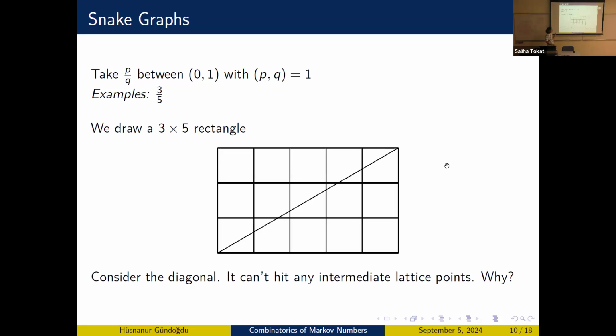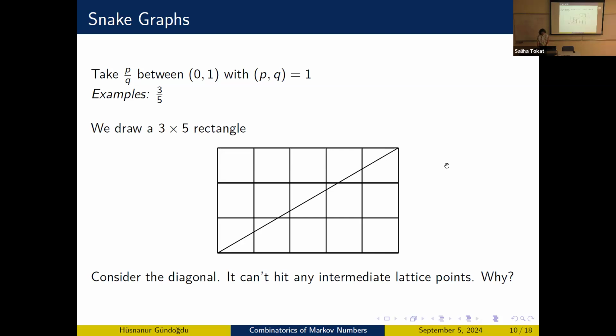We take two numbers which are relatively prime, and there is no common divisor, so this diagonal does not hit any intermediate lattice points.